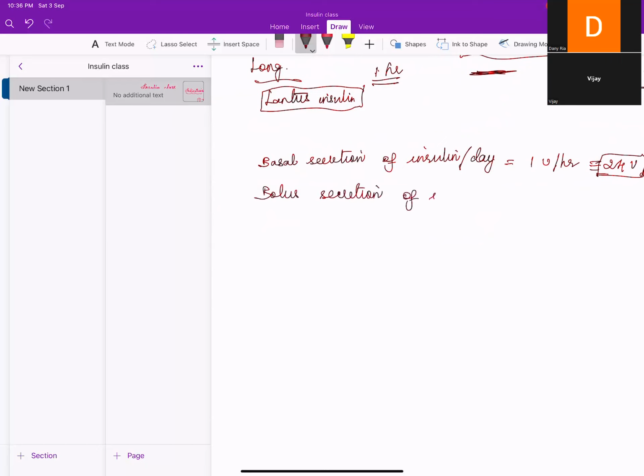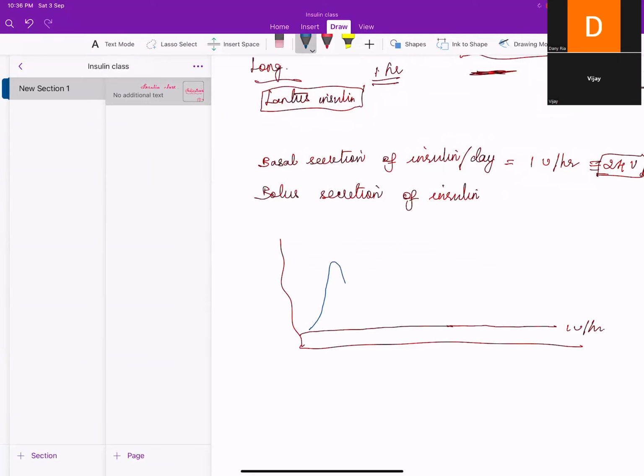What is bolus? If you take a meal, the amount of secretion will increase suddenly. Let us draw a graph like this. 1 unit per hour is secreted. This is the basal secretion of insulin. It will be static. After taking a meal, what happens? Suppose this is the breakfast time now. A sudden increase in insulin secretion occurs to cover the morning meal.